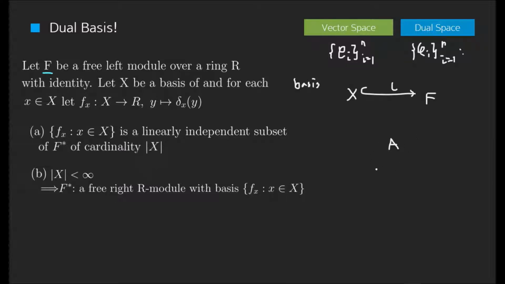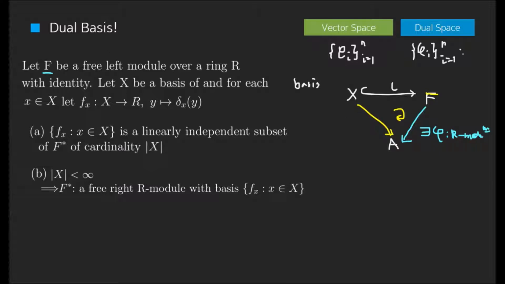So for any R module given, there exists an R module homomorphism phi such that the commutative relation is satisfied.